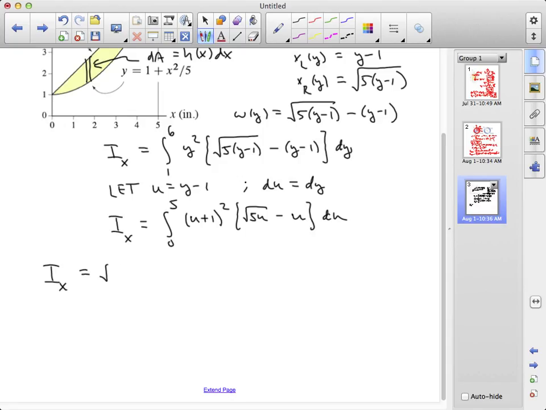The first one looks like square root 5 times the integral from 0 to 5 u to the 5 halves plus 2u to the 3 halves plus u to the 1 half du.